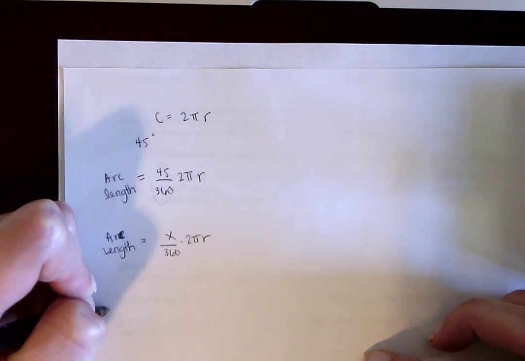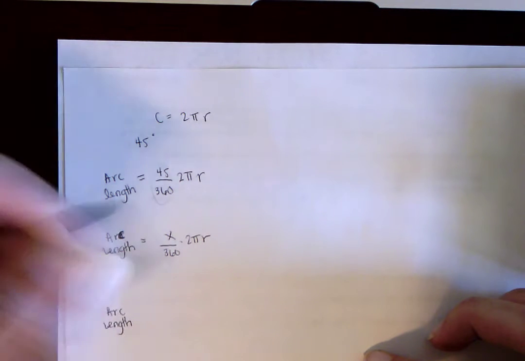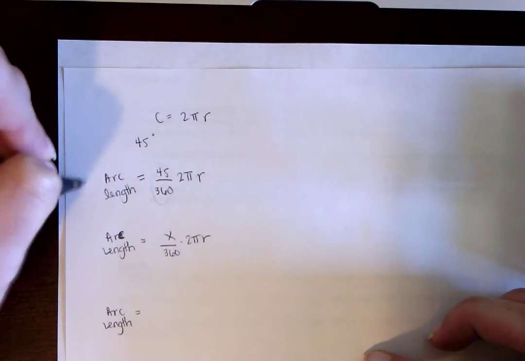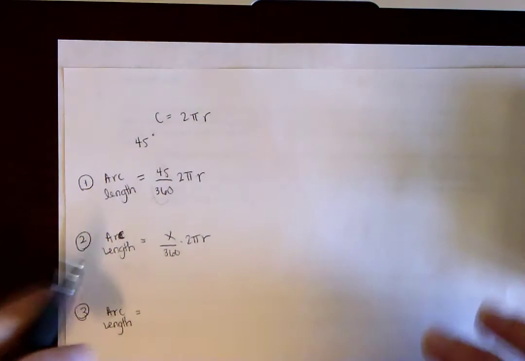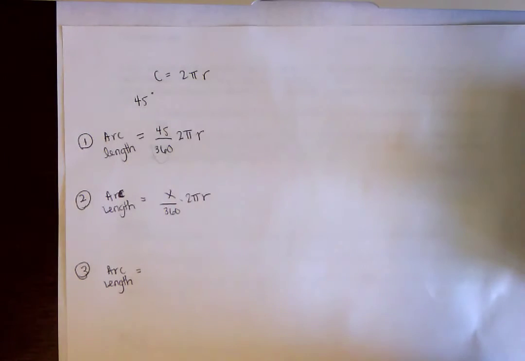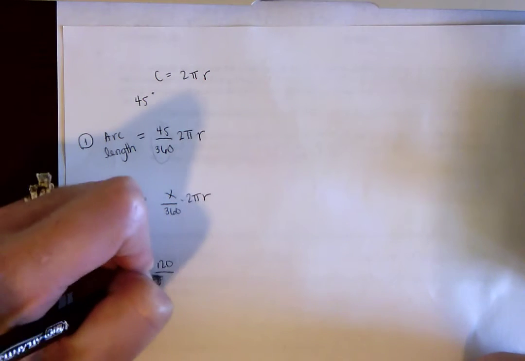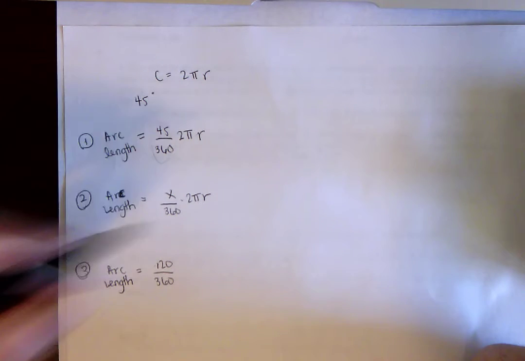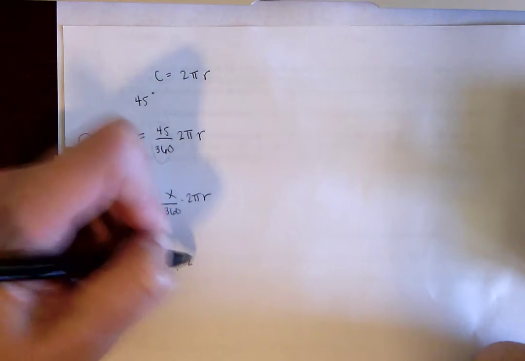The arc length here for roping off, so I guess this is question 3. We're roping off 120 degrees out of 360. That actually reduces to a third, but you can write it this way for now. And then 2 pi, and then r.